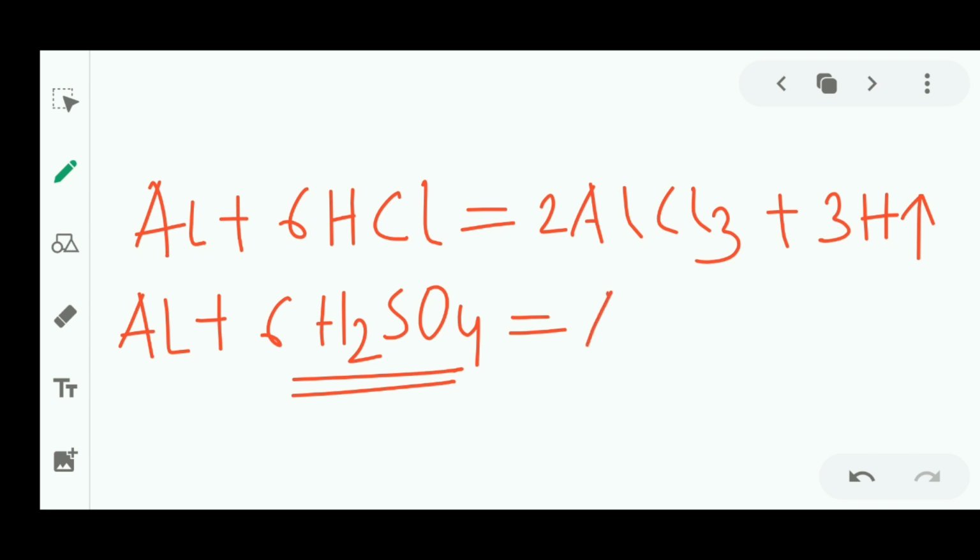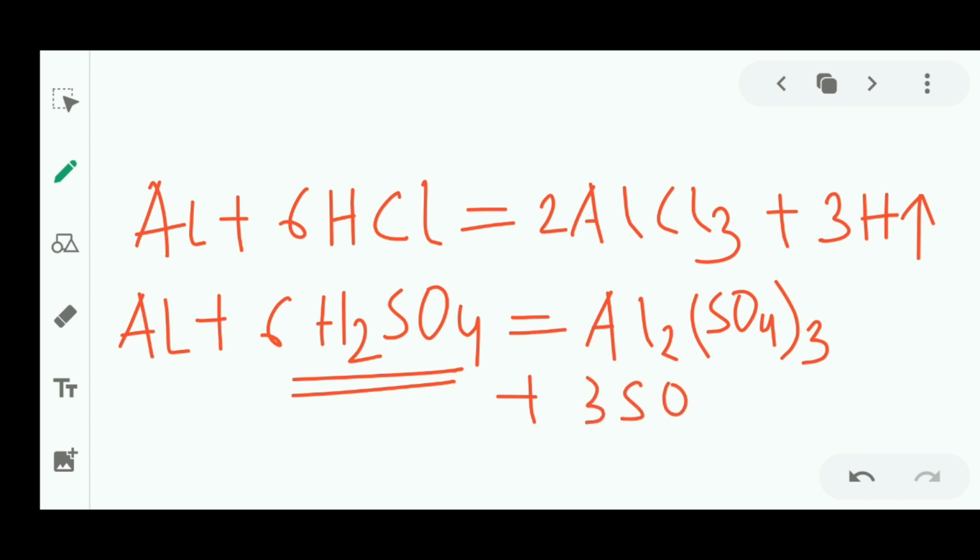This produces Al2(SO4)3, aluminium sulfate, and sulfur dioxide and water. Sorry, it will be SO2, sulfur dioxide, and water is produced. So this is the basic reaction of aluminium with hydrochloric acid and with H2SO4.